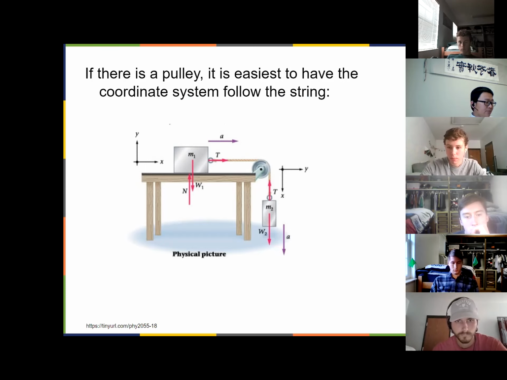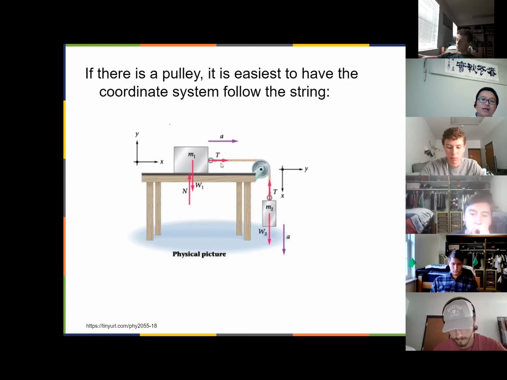Now, a lot of times, two objects can be connected with a string or rope, like in the figure shown here. These two boxes are connected with a string. And when a string is involved, oftentimes you'll find a pulley in the system as well.